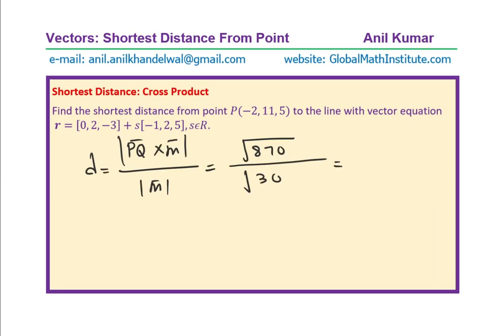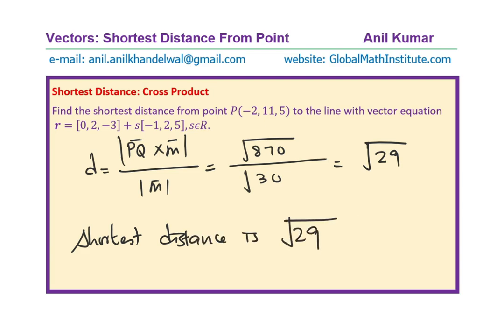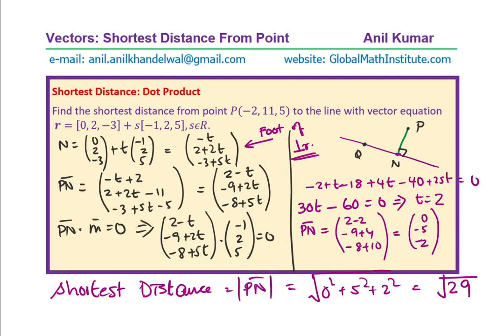So let's divide this. 3 goes 29 times. Do you see that? So we get square root 29 as the shortest distance. So both the methods gave us the same answer.